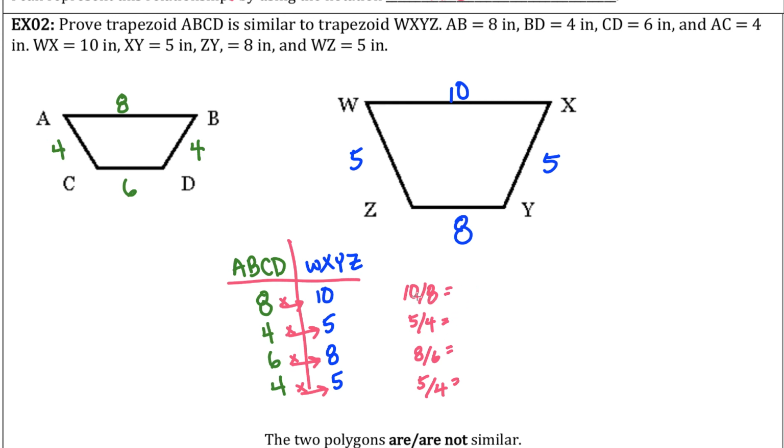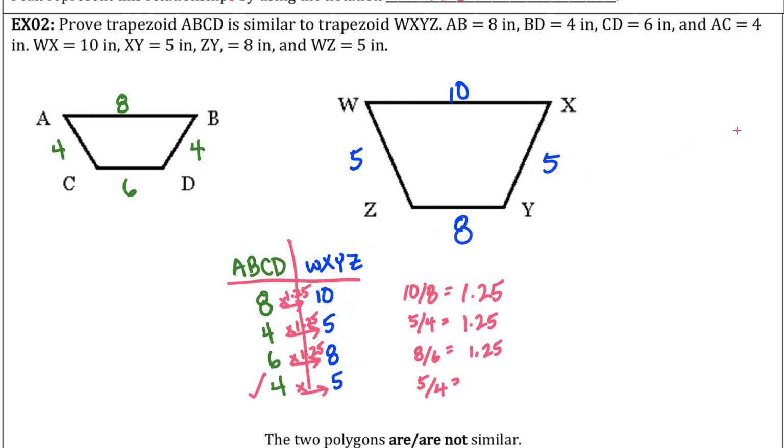So 10 divided by 8 is 1.25. So that's times 1.25. 5 divided by 4 is 1.25. 8 divided by 6 is 1.25. And then 5 divided by 4, that's the same thing, right? So these are all multiplied by 1.25.